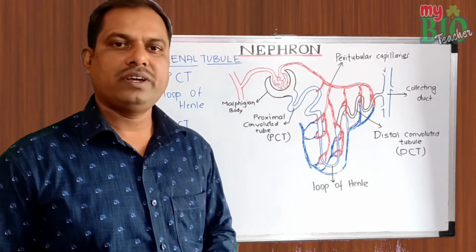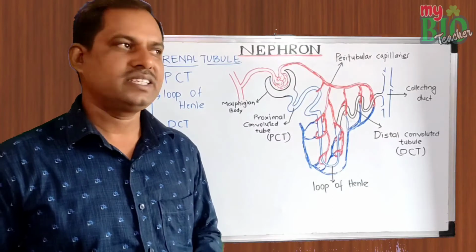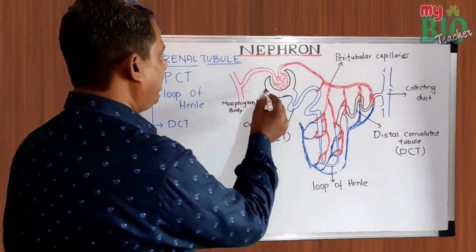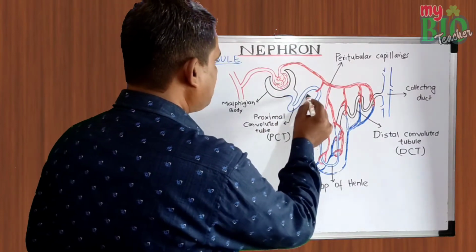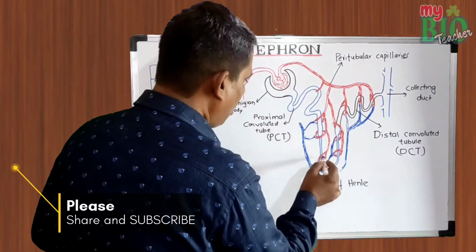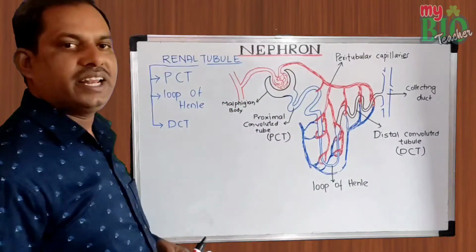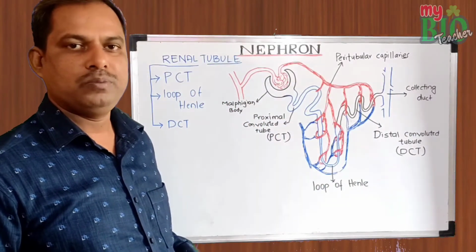The next part of the nephron is called the renal tubule. The Malpighian body continues as a tubular part. This tubular structure is called the renal tubule.